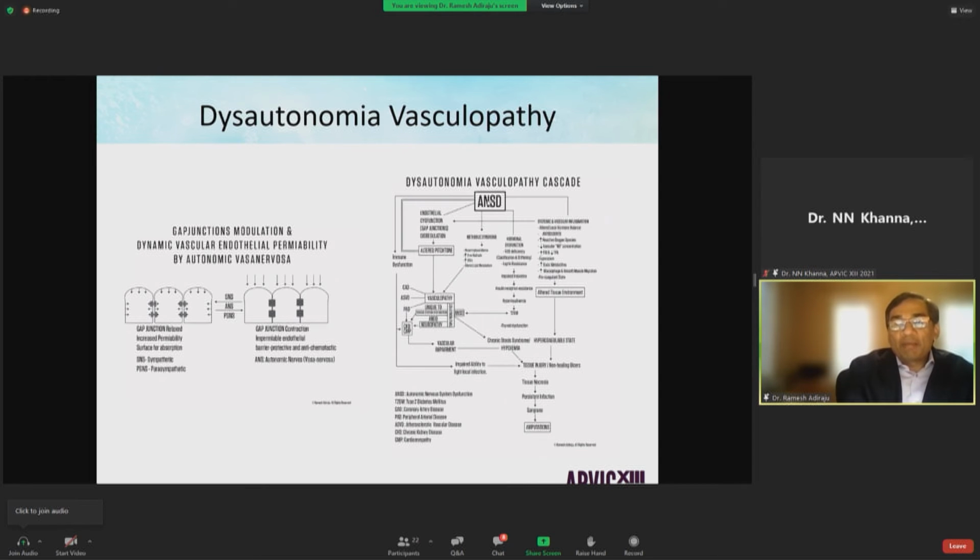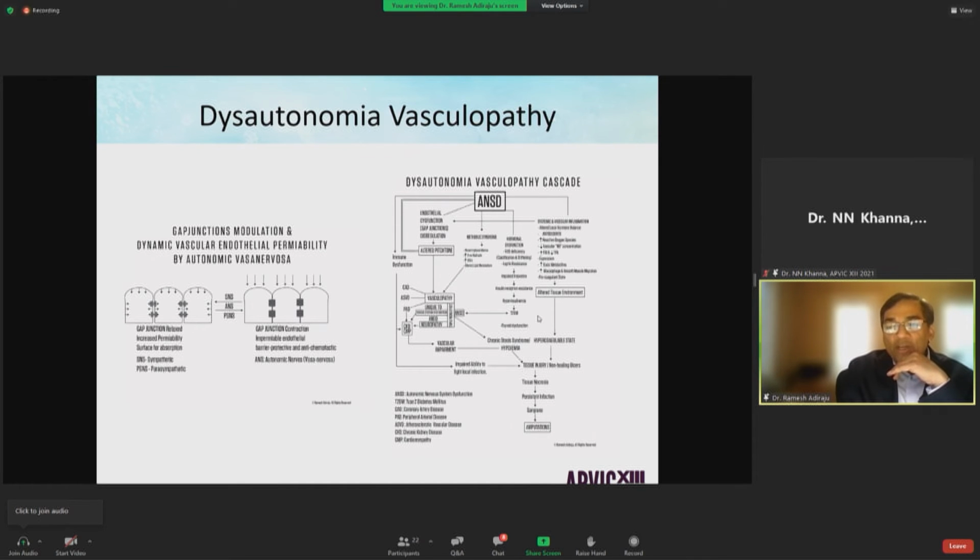Here's a schematic of autonomic nervous system dysfunction that can affect endothelial function, metabolism, insulin resistance, hypertriglyceridemia, and coagulopathy due to multiple factors, which I don't want to get into in detail for this talk. It eventually leads to diffuse vasculopathy, systemic vascular inflammation, and a hypercoagulable state.